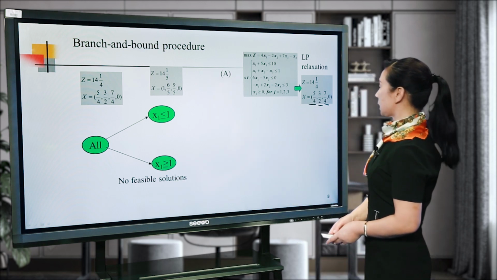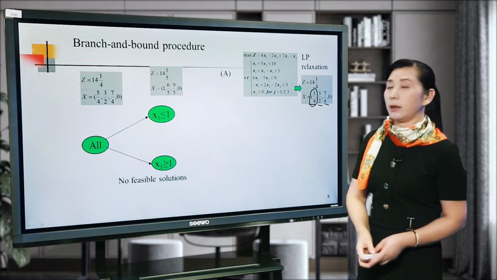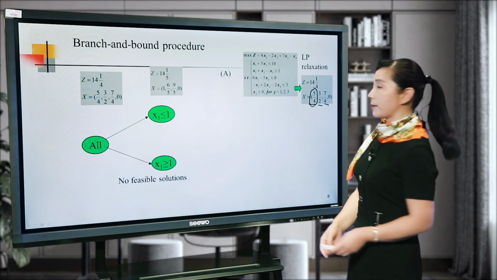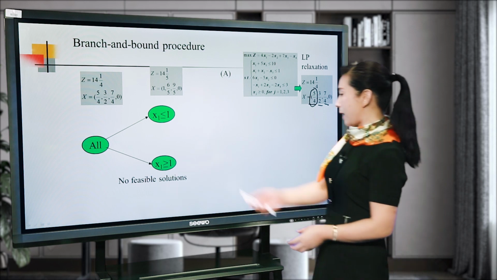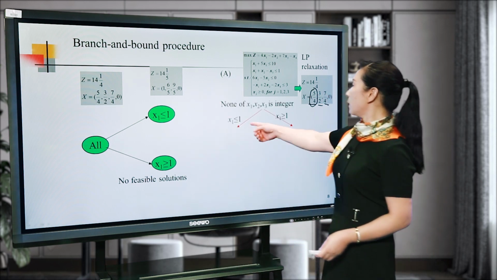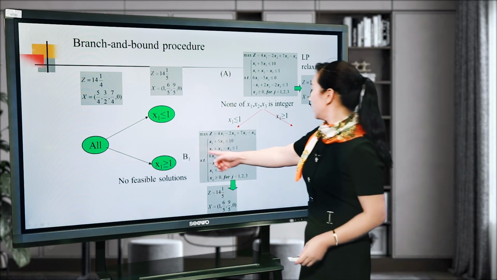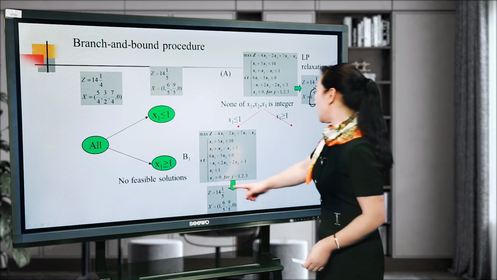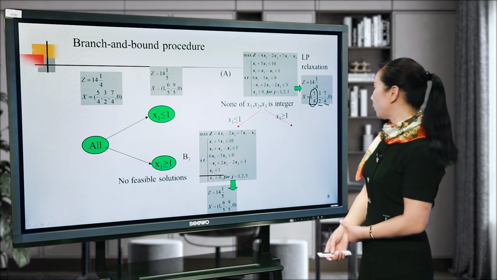We note x1 is not integer, greater than 1 and less than 2. So for the B1 subproblem, we add another constraint, x1 less than or equal to 1.